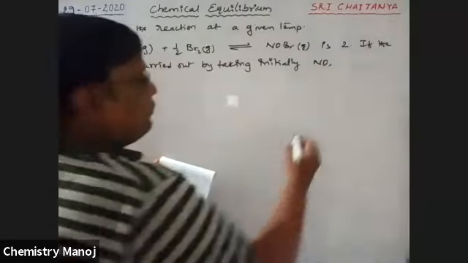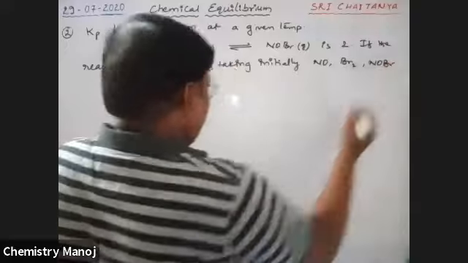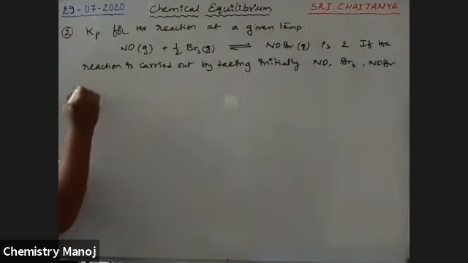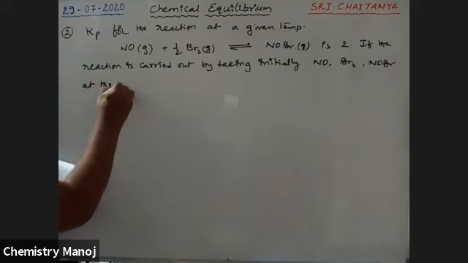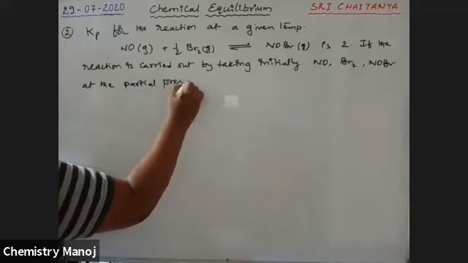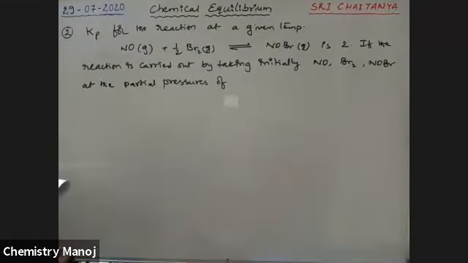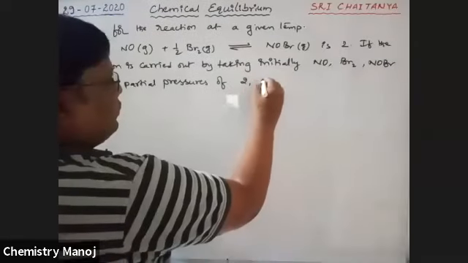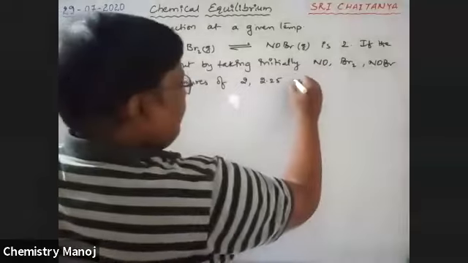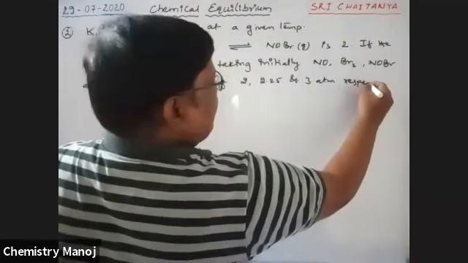Initially NO, Br2, NOBr at the partial pressures of 2, 2.25 and 3 atmospheres respectively.